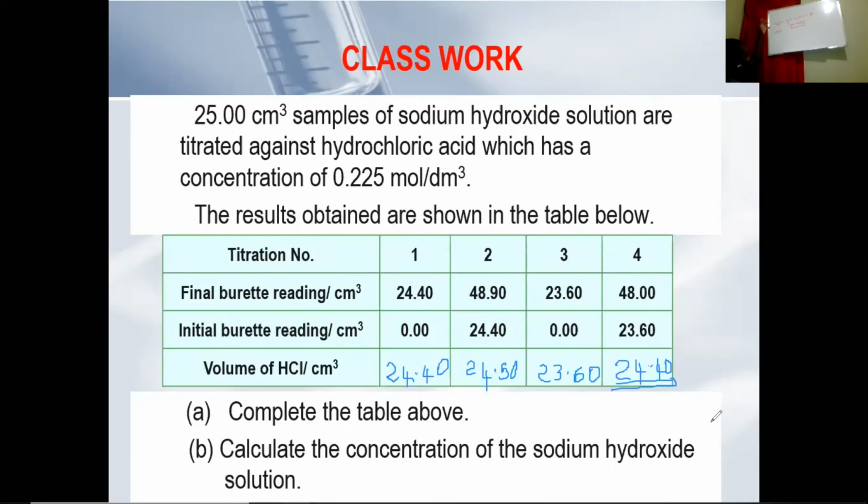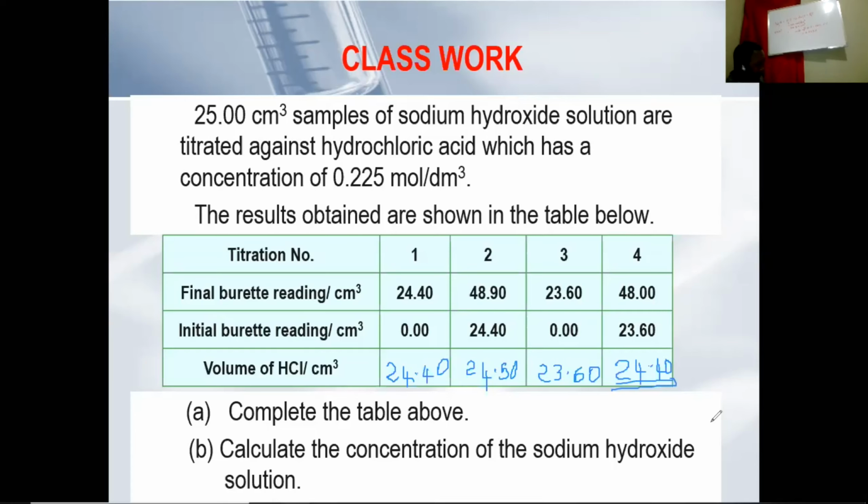Right, so first thing would be to find the mole. This is a 1-to-1 ratio. Then the mole of NaCl will be equal to the mole of NaOH. So therefore the mole of HCl would be equal to the concentration multiplied by the volume, right? So the concentration is 0.225 times the volume. It's in centimeter cube, so we divide it by 1,000 to get it in dm cube, right?